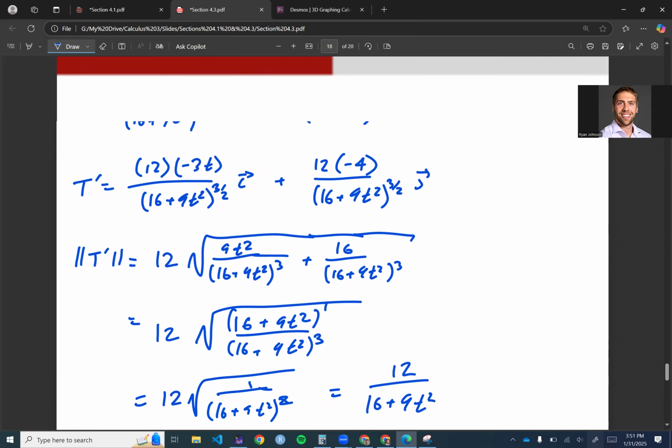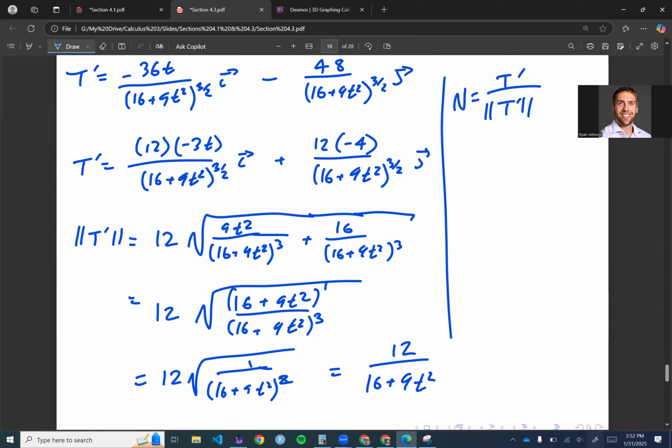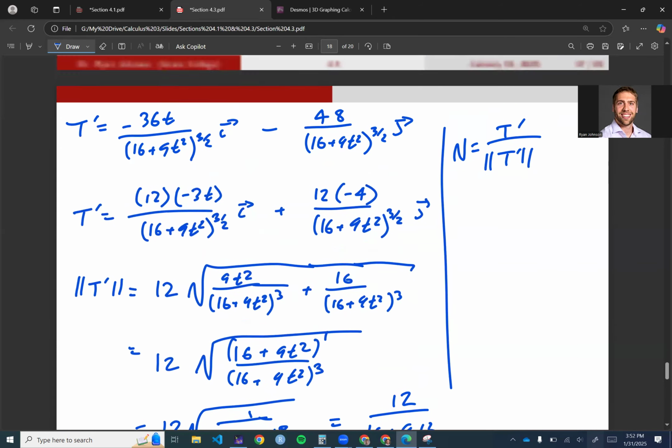Which means N will be T prime over the magnitude of T prime, so you can just take this guy and multiply by its reciprocal.